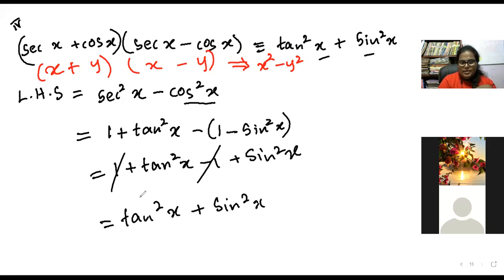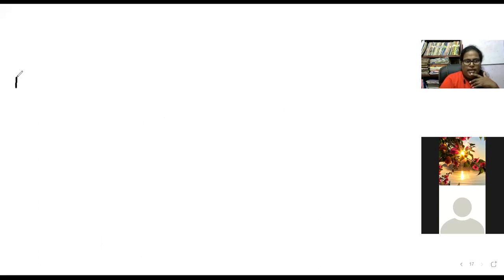Right? So is it clear? This is the right hand side. As well, you can start from the right hand side for this one also: taking the right hand side and proving that it is correct, right? When I'm taking the right hand side of this one, it is tan square x plus sine square x.